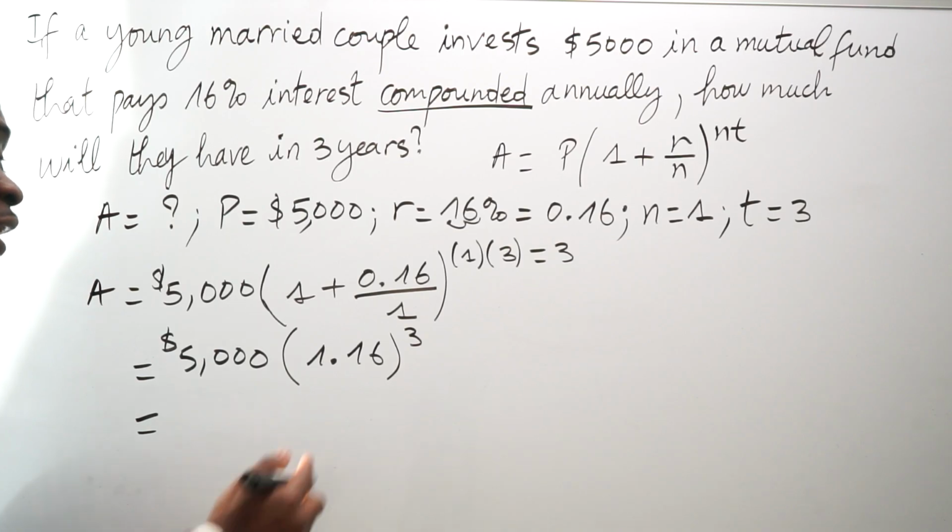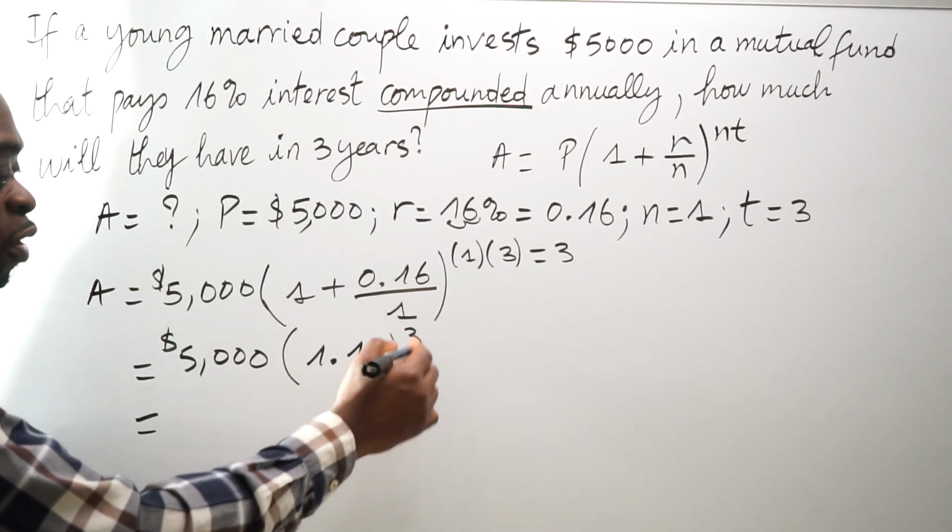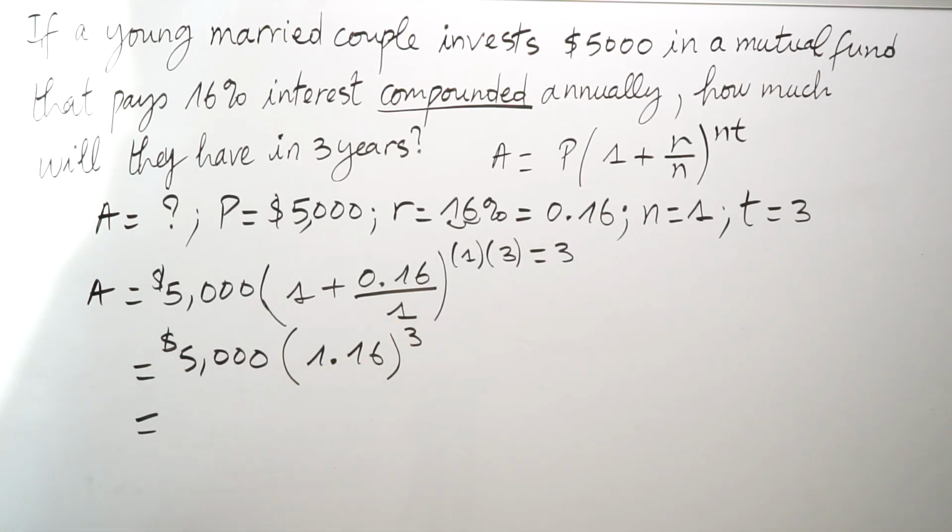Or if you don't, you can work this one out first with the power of 3 and then multiply your answer by 5,000. That's what we're going to do here, right? So it's going to be 1.16, right? To the power 3. Okay?